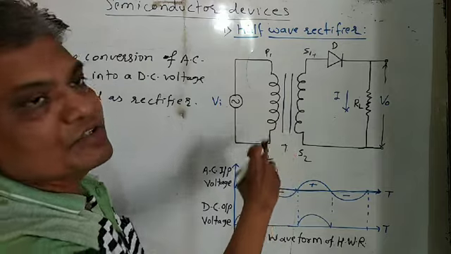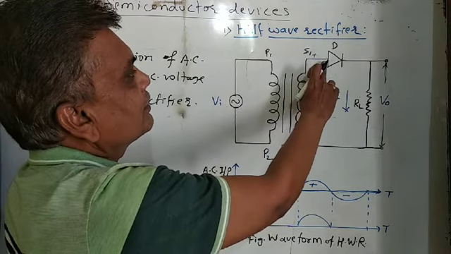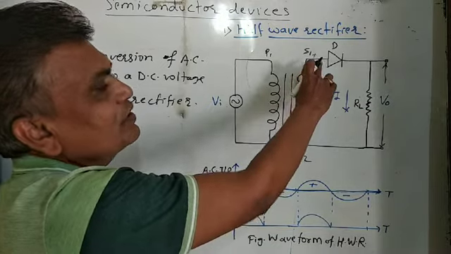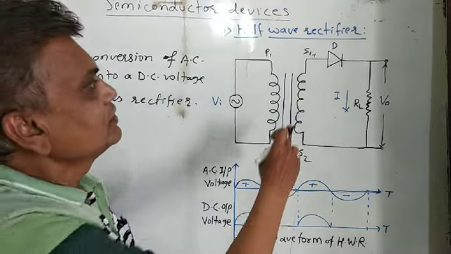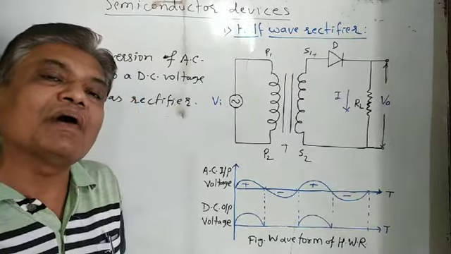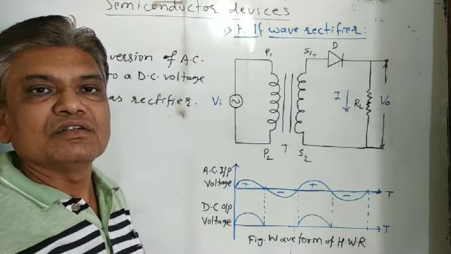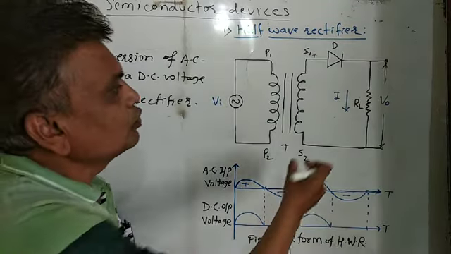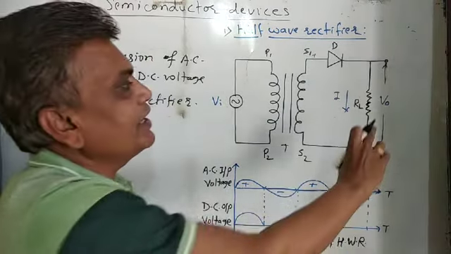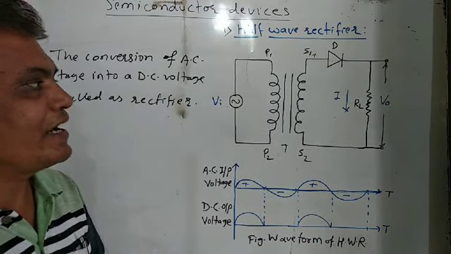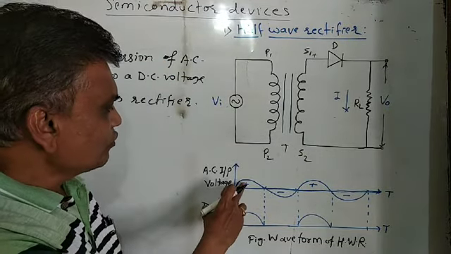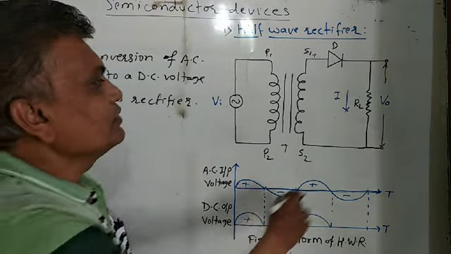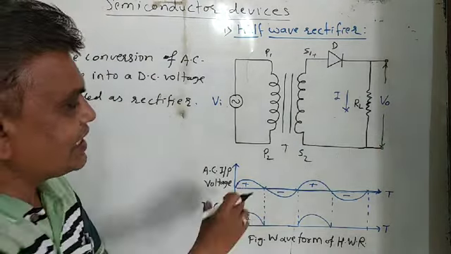For the first positive half cycle, the anode of the diode is connected to the positive of S1, therefore the diode is in forward bias, so it conducts current through the load resistance RL, and we get the output across load resistance RL.